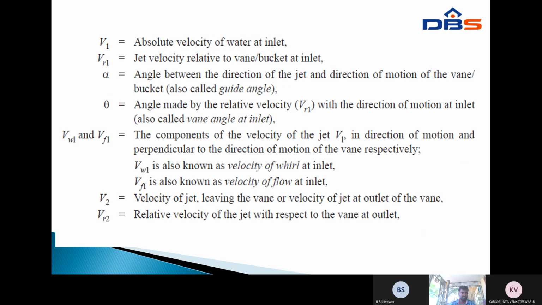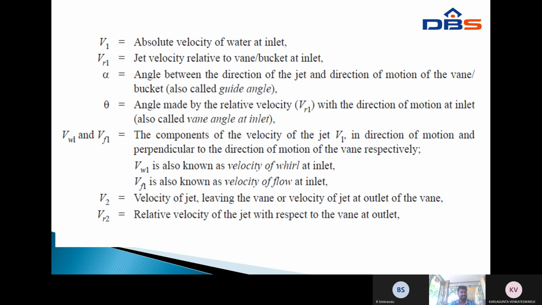V1 is the absolute velocity of water at inlet, and VR1 is the jet velocity relative to the vane at inlet. Alpha is the angle between the direction of the jet and the direction of motion of the vane. This is the guide vane angle. Theta is the angle made by the relative velocity with the direction of motion at inlet of the triangle diagram.